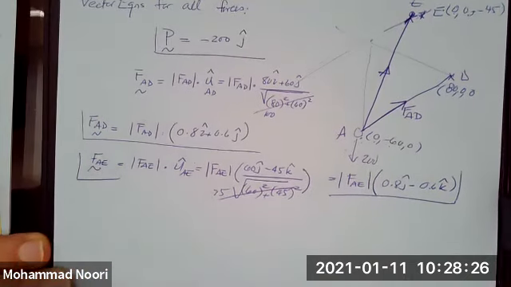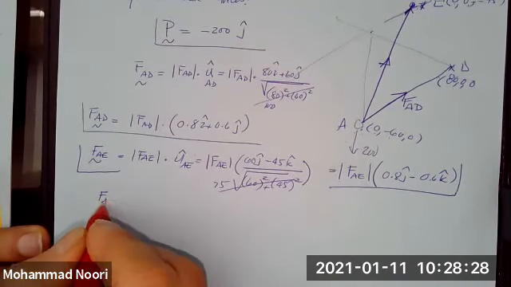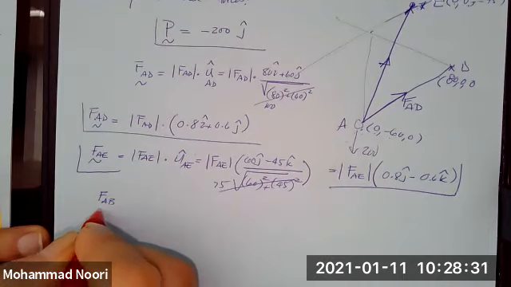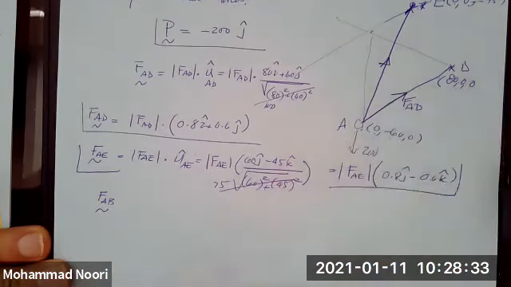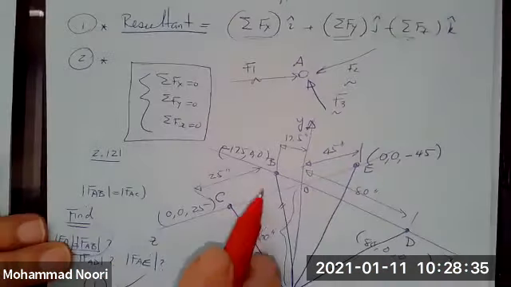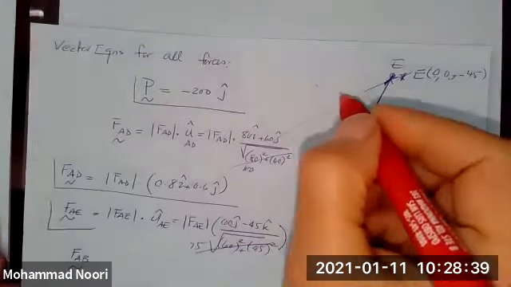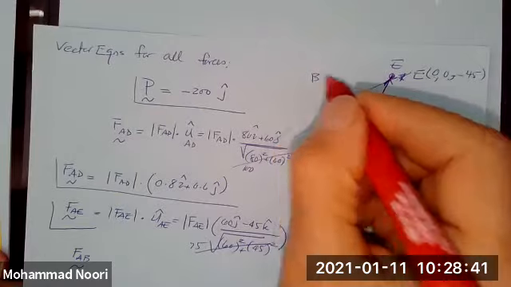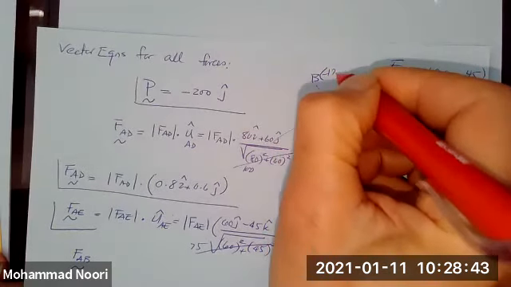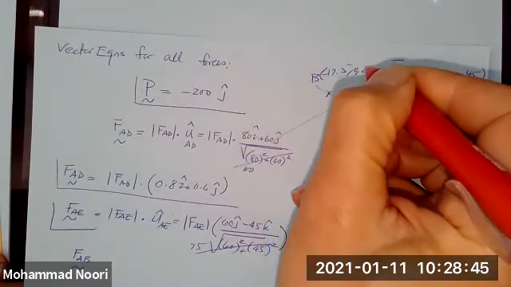We have two more. Force in AB. This is point B, which is negative 17.5, 0, 0.